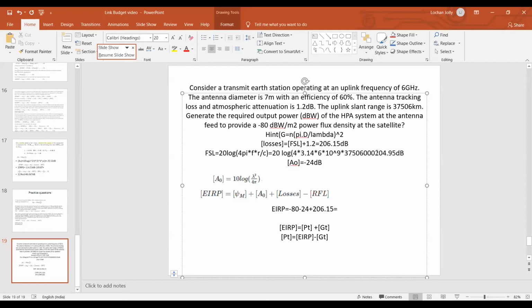Yes, ma'am, then it is divided by, correct. 3 into 10 to power of 5 is equal to what? To power of 5. There is 199 ना, 199 ठीक रेंज में है.